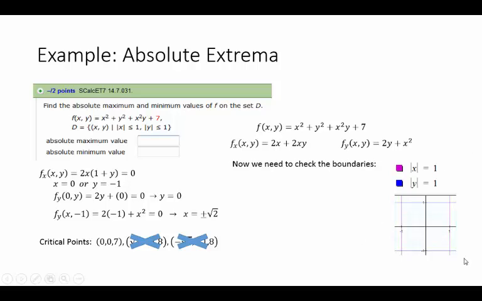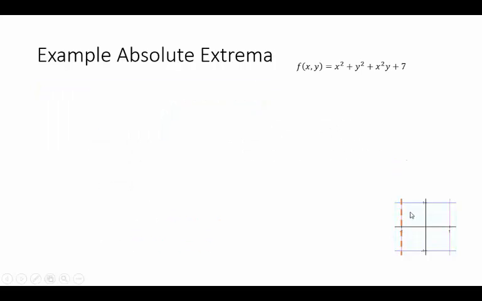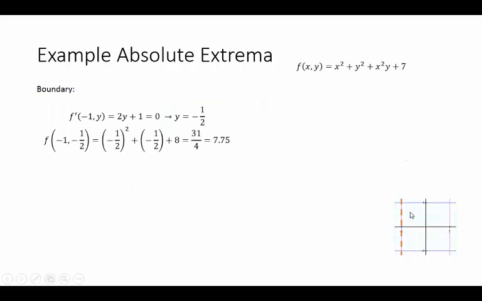Since this is a square, we have to express this as 4 lines and take a look at it line by line. Let's take a look at the first boundary where x is equal to -1 and y is going to be a value between -1 and +1.